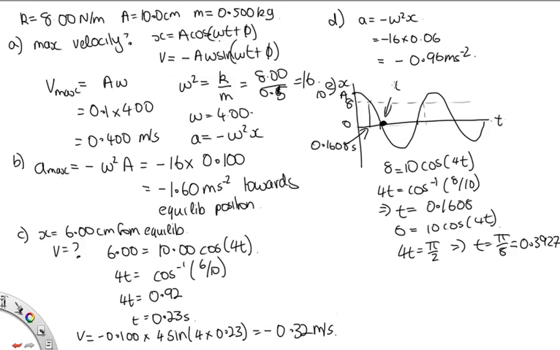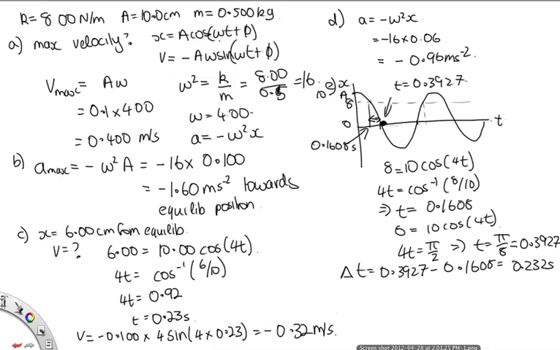So the time interval here is equal to 0.3927 minus 0.1608. Solving that, we get 0.232 seconds to 3 significant figures.